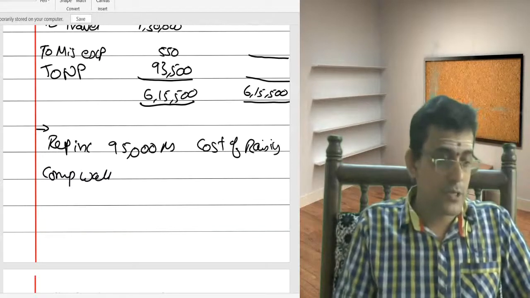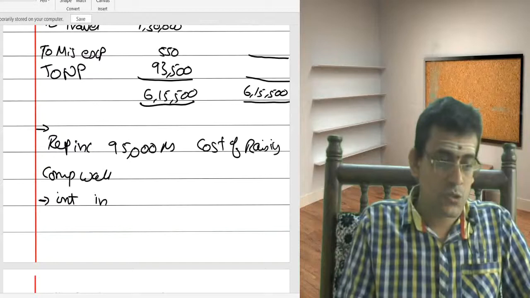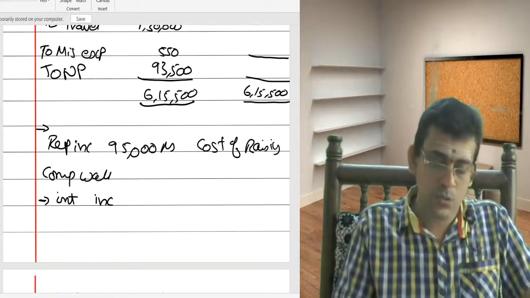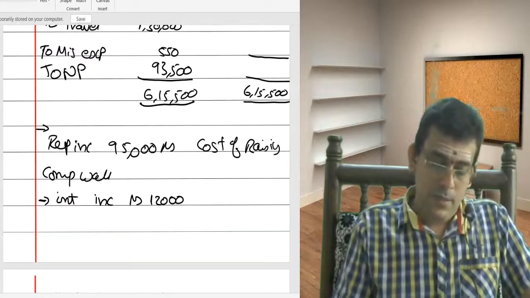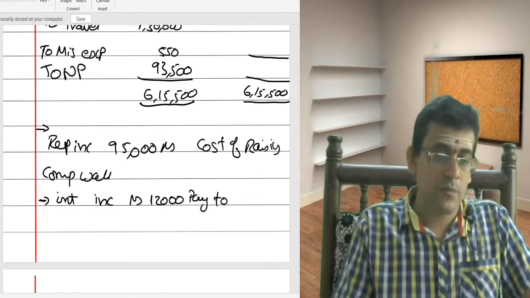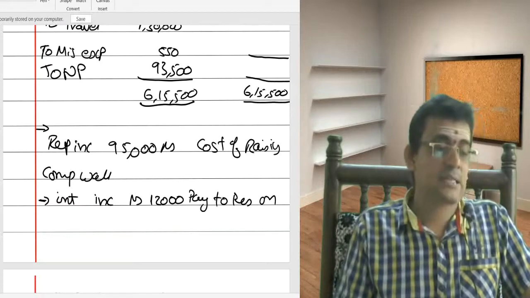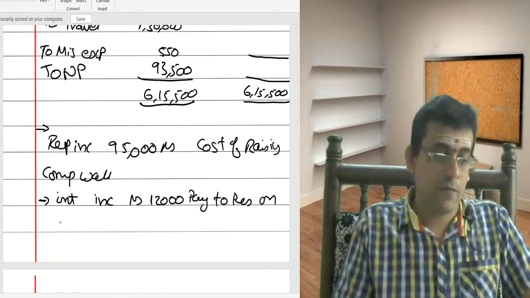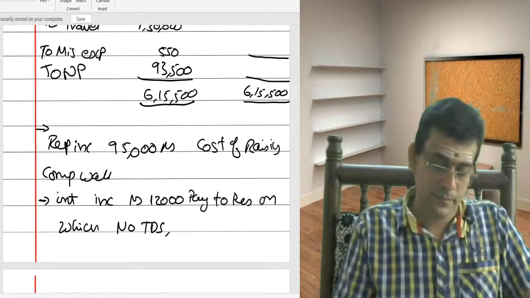Then it also mentioned one more thing. Interest includes 12,000 rupees payable to a resident on which tax has not been deducted, no TDS has been done.